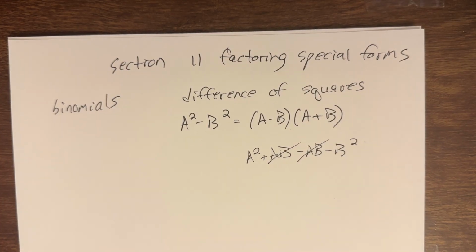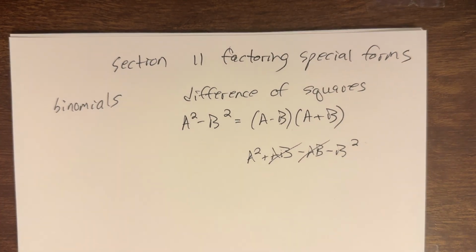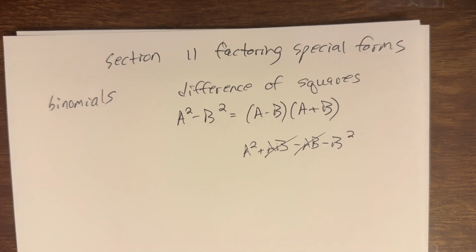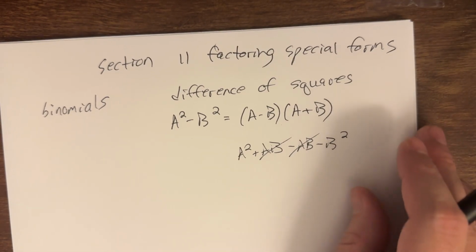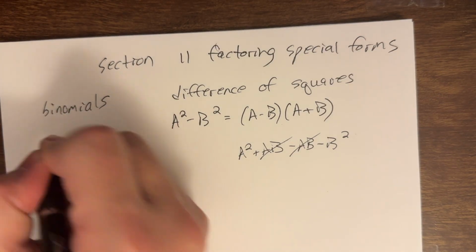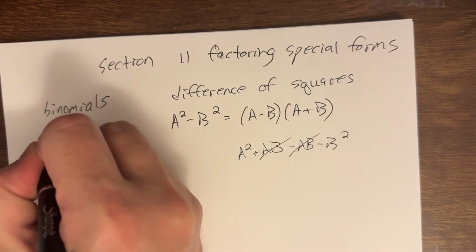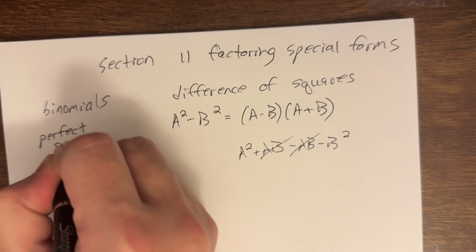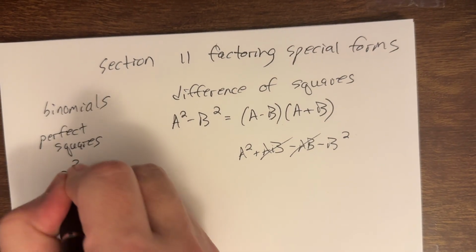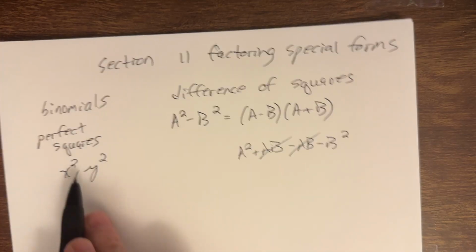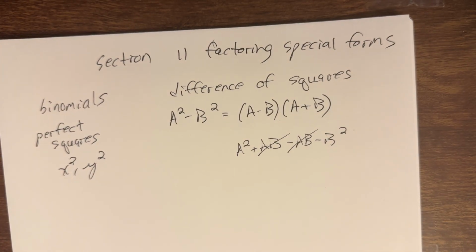But this is where we want to take a couple of quick moments. What are we talking about with respect to perfect squares? Something times itself, the exact same something. Variable-wise, x squared, y squared, those are clearly perfect squares.